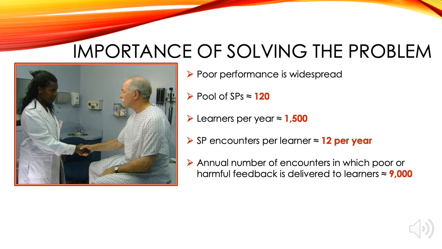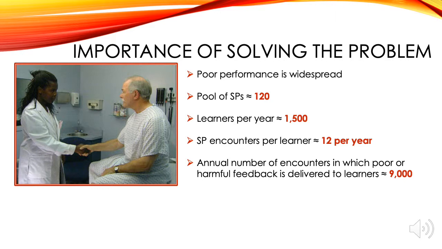The 2 SPEs hypothesize that the poor performance is widespread across all other educational projects. The pool of SPs is roughly 120 temporary as-needed employees. Considering the average number of learners per year who receive feedback from SPs is around 1,500, and the average number of SP encounters per learner is around 12 per year, the total number of encounters per year is 18,000.